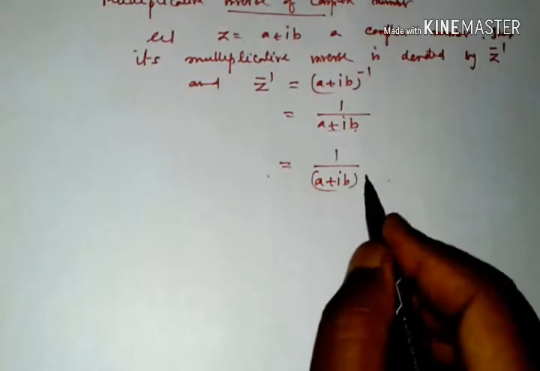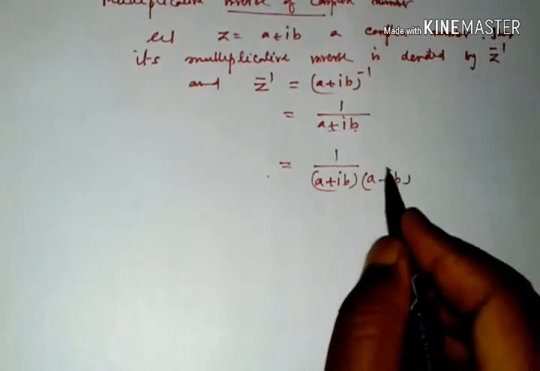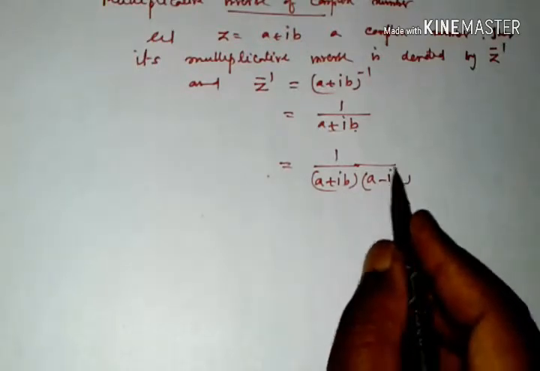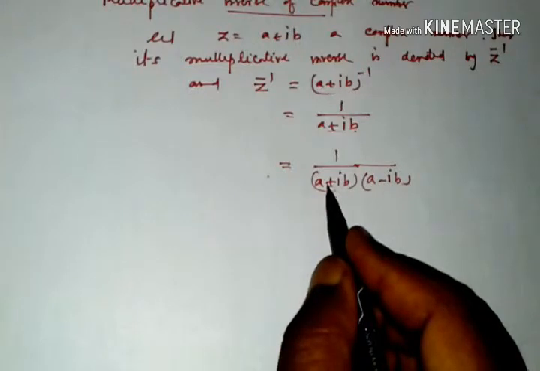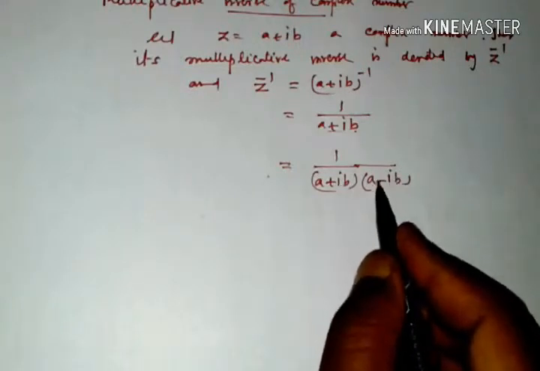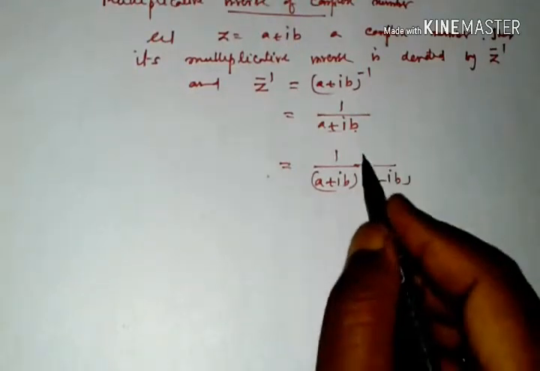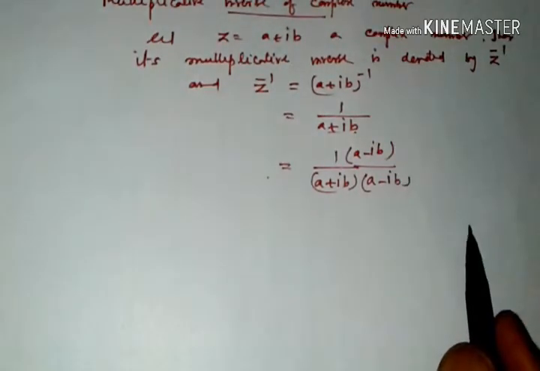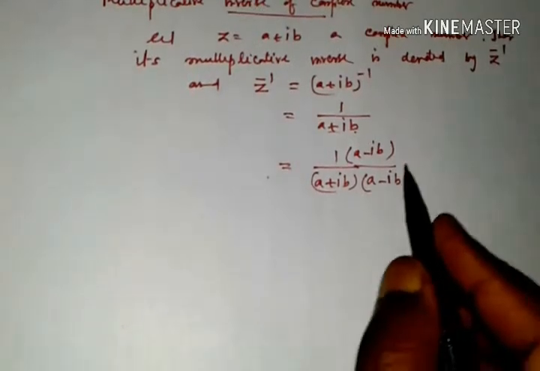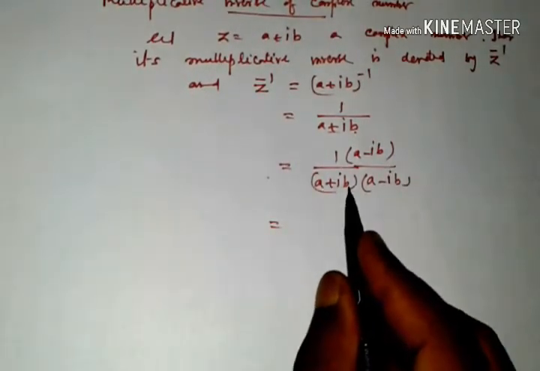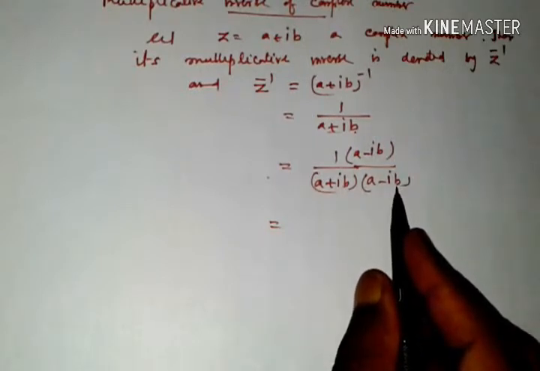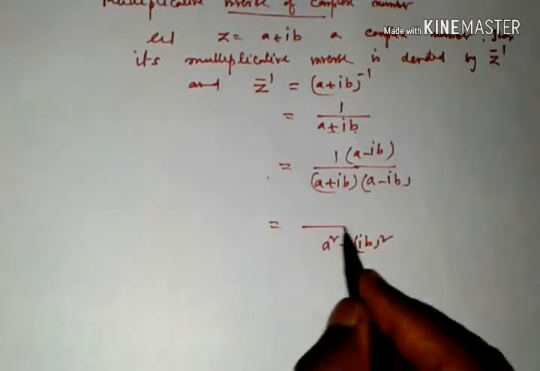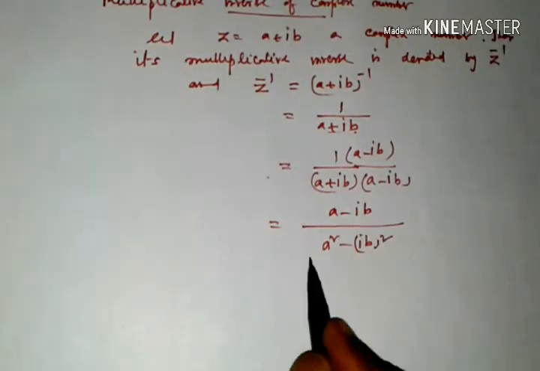Here is a plus ib. We have to write another term, a minus ib, so that it is the a plus b and a minus b formula. If there is a plus ib, we have to include the term a minus ib, and this term can be written in the numerator also. Therefore a square minus b, b means ib, b square. This is a minus ib.